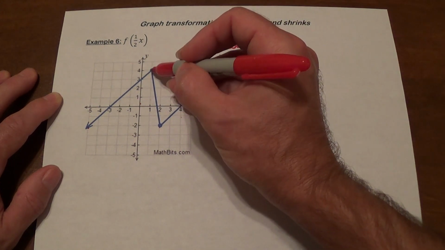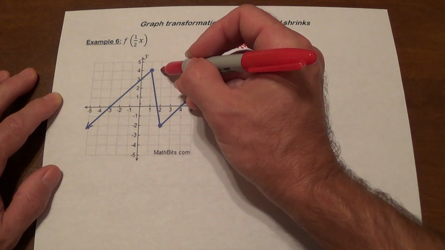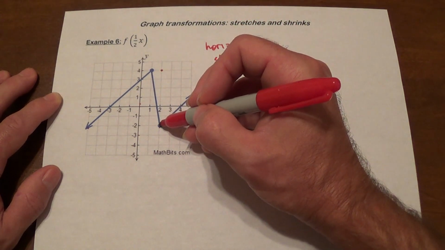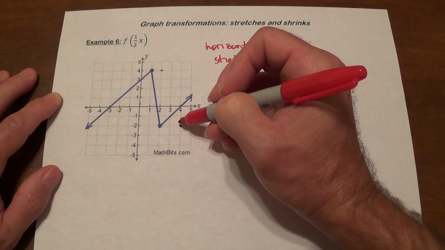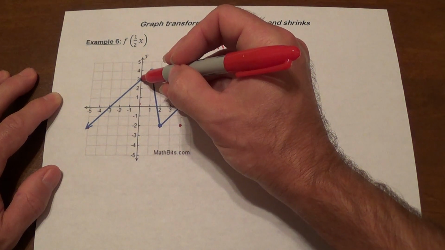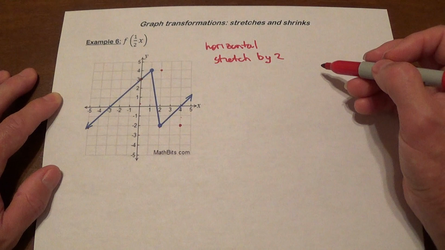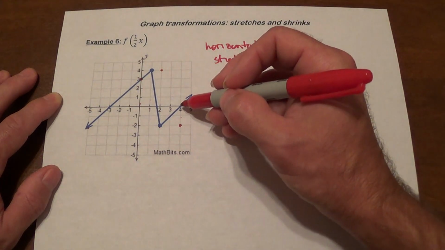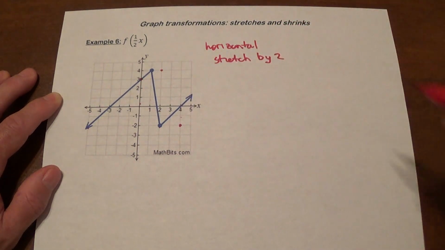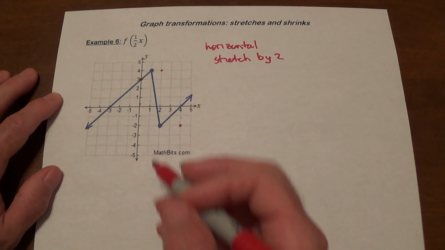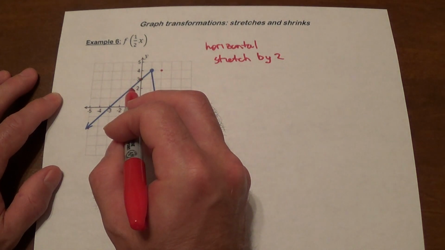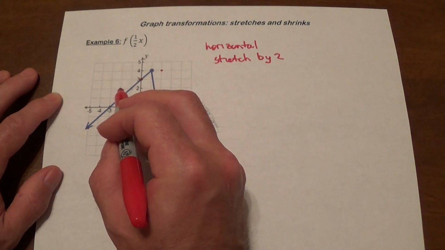So this x coordinate here is 1, it's going to become 2. This x coordinate here is 2, it's going to become 4. This x coordinate here is 0, we're going to keep that in the same place. Okay, -1 is going to become -2.